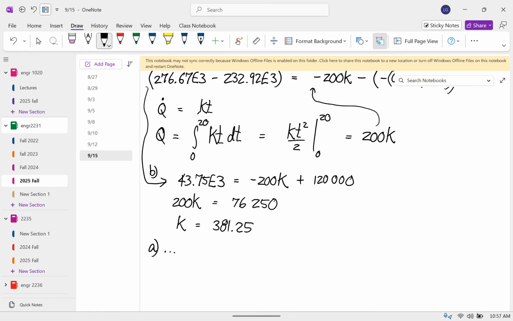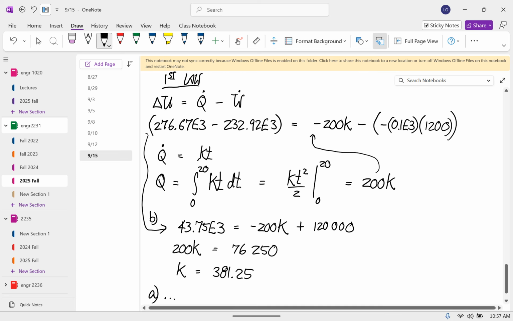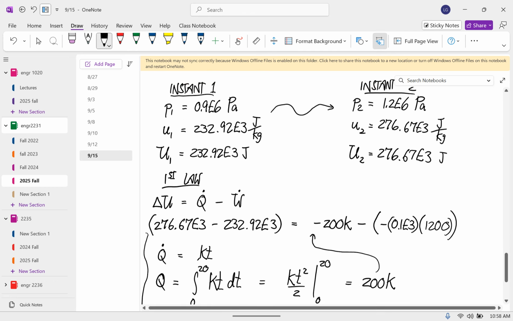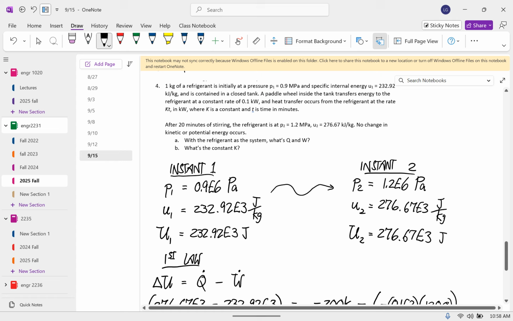Why don't we have to convert it because the KT is also in kilowatts? Because when I did that integral, KT is in kilowatts. Oh, KT is in kilowatts. Okay, I'm going to have to think about the units.